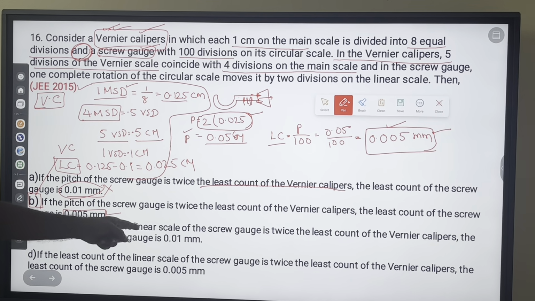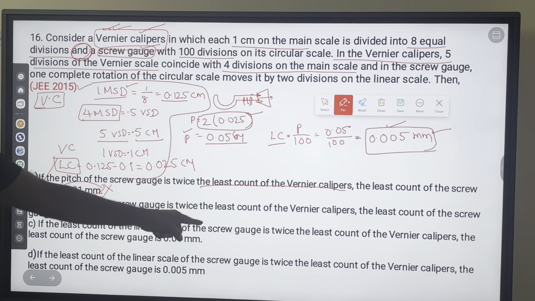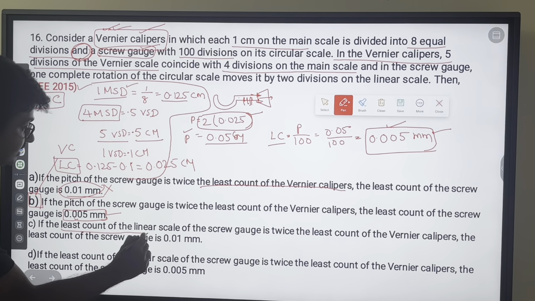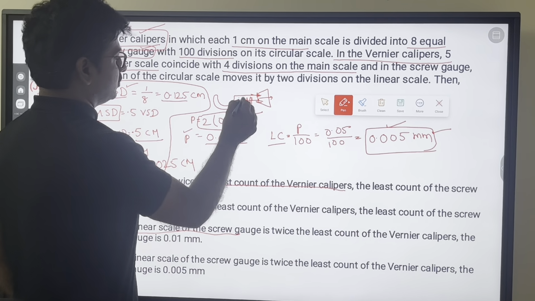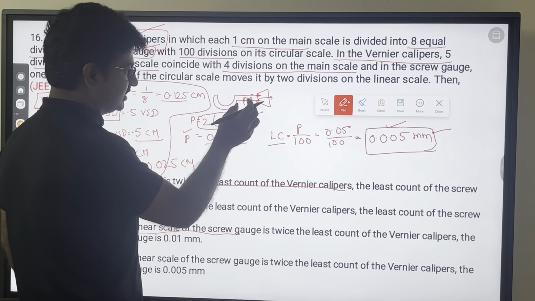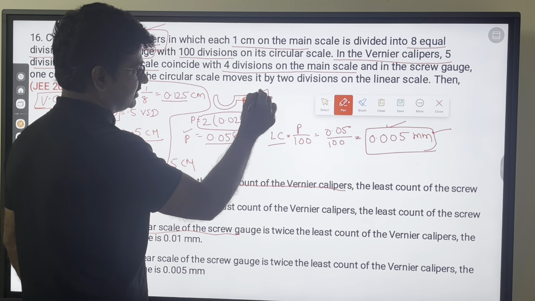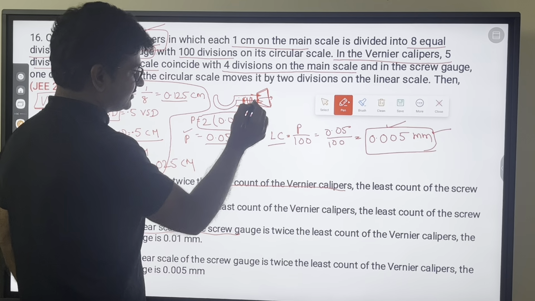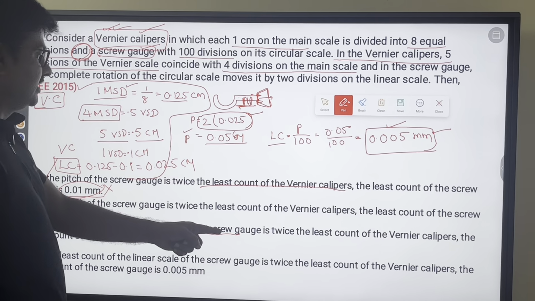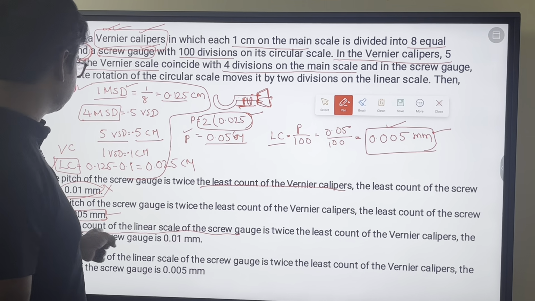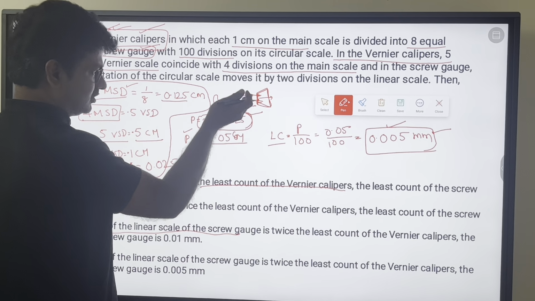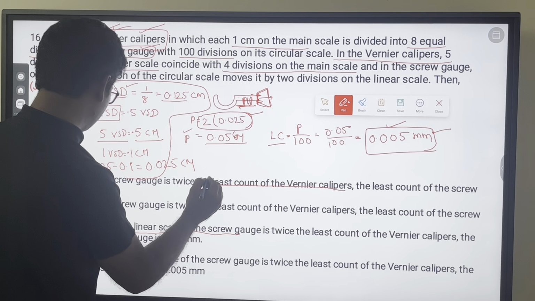If the least count of the linear scale of the screw gauge is twice the least count of the vernier calipers, what is the least count on the linear scale of the screw gauge? This is the linear scale, and this is the circular scale. On the linear scale, least count means the smallest division on the linear scale. So one division on the linear scale is equal to twice the least count of the vernier calipers.